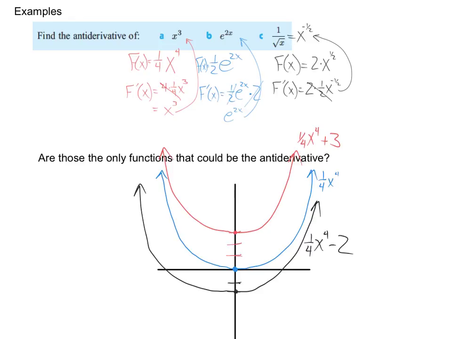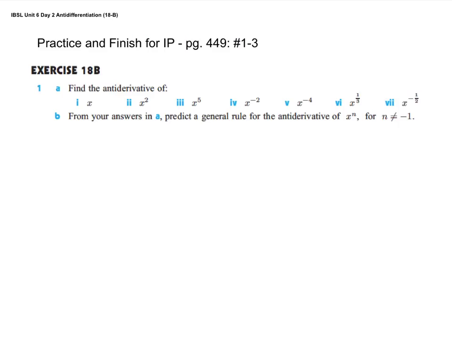So we have multiple possibilities here. I want you to practice a little bit, trying to use some logic here. We'll stick with just polynomial ones to begin with. Then I want you to try to develop a general rule for x to a power.